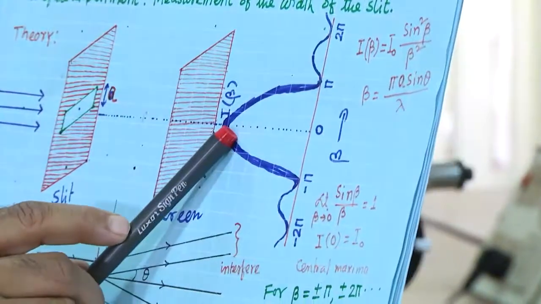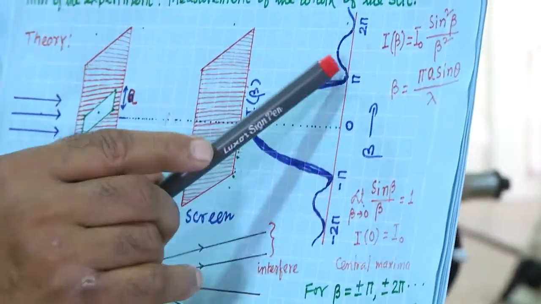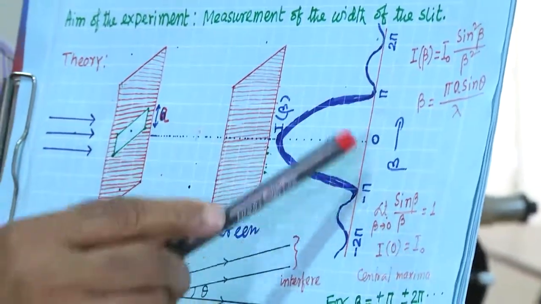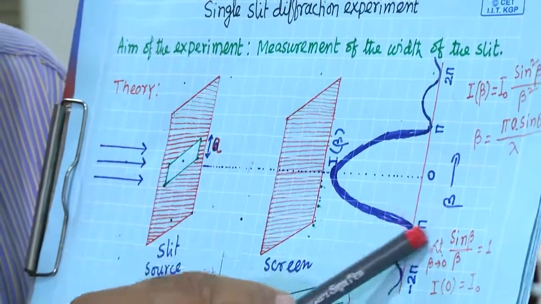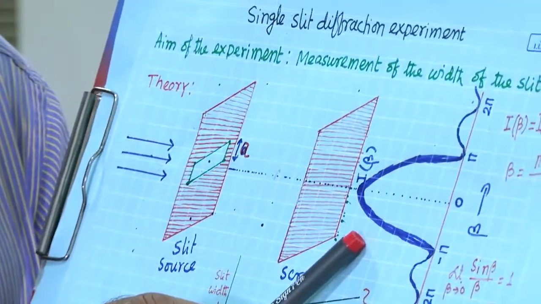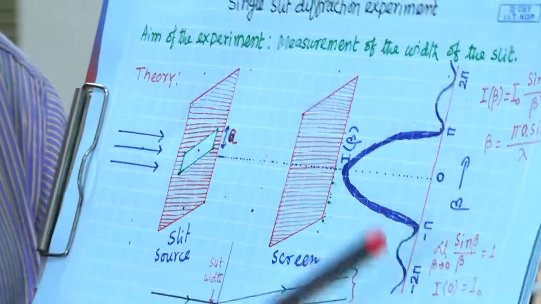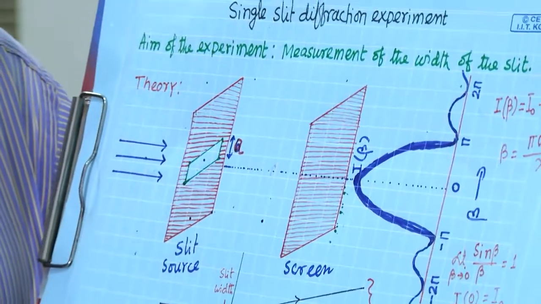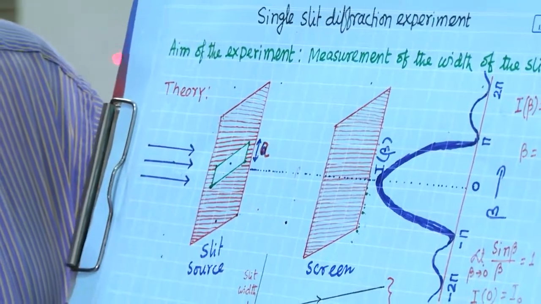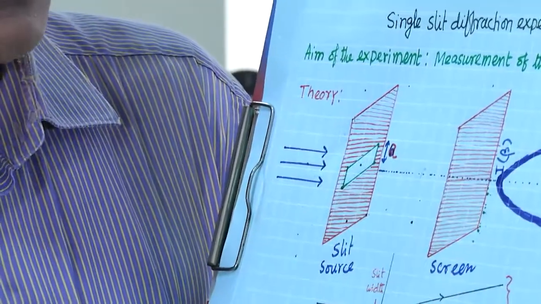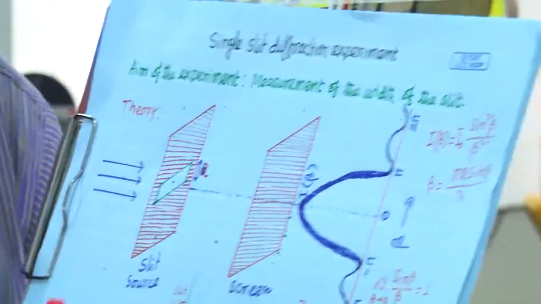Okay. So, we can find out the angle at which we are getting minima. We will note down that angle, and then from this relation, a sin theta equal to m lambda, for a defined order, theta we will know from the graph, and then we will find out the a. So, that we have to note down.